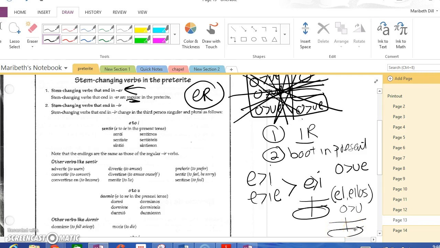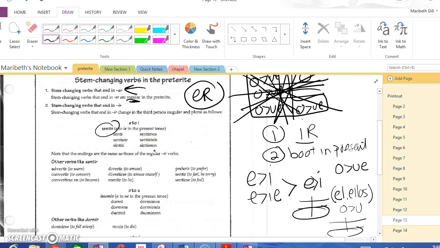Okay, let's look over here at what we're talking about. Look at sentir, for example. Sentir means to feel. In the present tense, it's yo siento, tú sientes, él, ella, usted siente, nosotros sentimos, and ellos sienten.